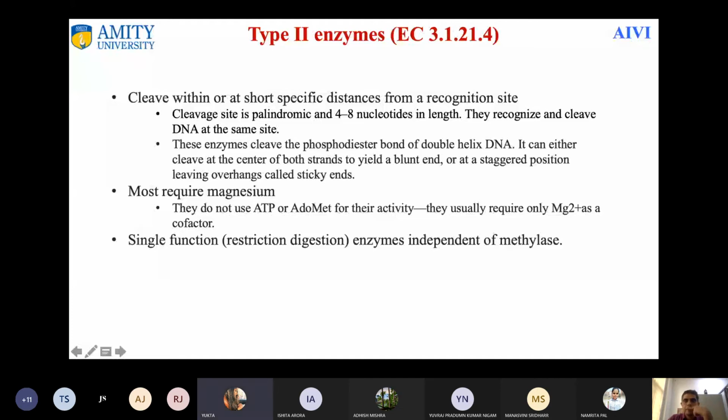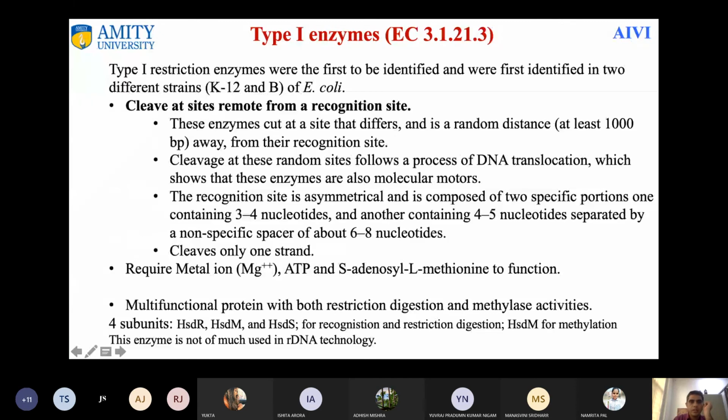And sir, you just said the type 2 enzymes are independent of methylase. What does that mean? Independent of methylase. The thing is about the location of the methylation; their recognition sites are different.